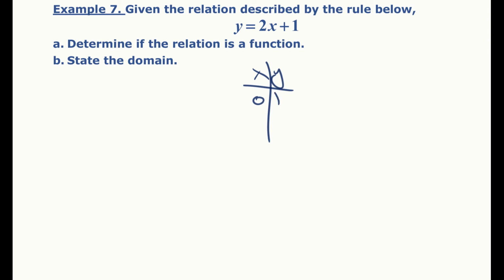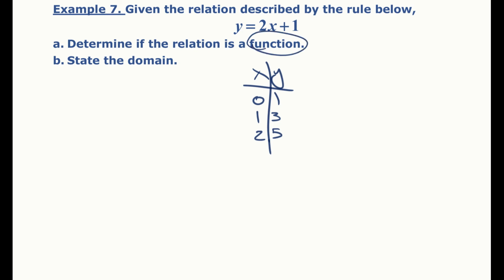If I plug in another input, such as 1, I'm going to get 2 times 1 plus 1, which is 3, etc. There's no way 0 is going to end up giving me any other output, or 1, etc. When you take any x value, double it and add 1, you're just going to get one y value. So this is definitely a function.